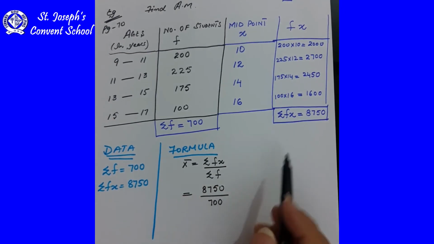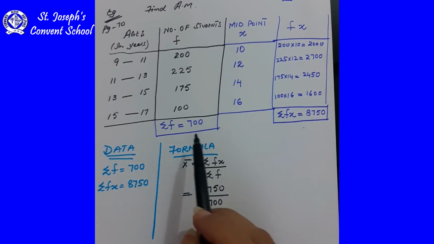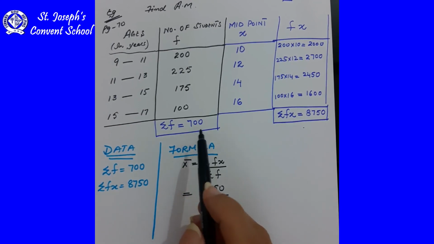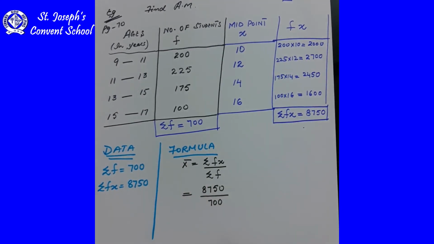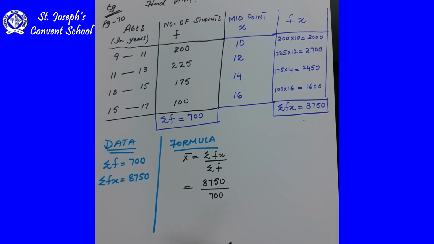So you are dividing this last column total by the frequency column total. Divide them, you can use a simple calculator. Okay guys, so let's divide this. After dividing you will get the answer. x bar equals 12.5.